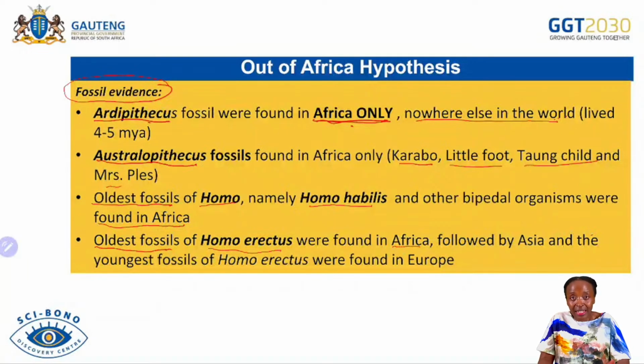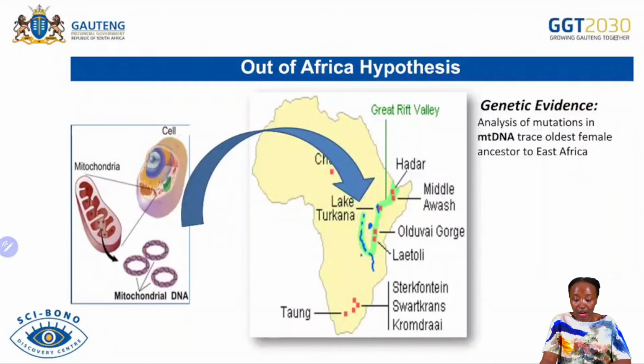You write it exactly as it appears here, exactly as it appears on your exam guidelines, to say the fossils of the Ardipithecus and the fossils of Australopithecus were only found in Africa, and then the oldest fossils of the Homo habilis and the oldest fossils of the Homo erectus were also only found in Africa. So that's the out of Africa hypothesis.